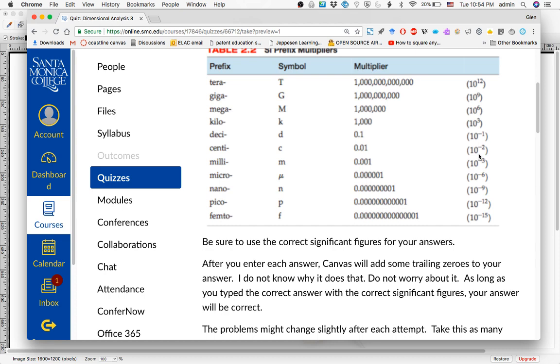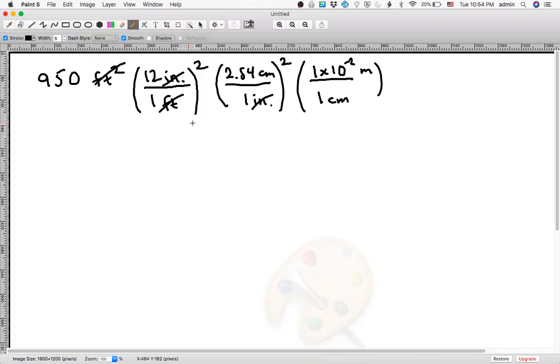The reason why I say 1 times 10 to the minus 2 instead of 10 to the minus 2 is because when I enter this on my calculator, it's just so much easier to type 1e minus 2, or 1exp minus 2, or 1ee minus 2. I think you get the point. So I'm done. Not. This is centimeters. This is centimeters squared. So this entire thing needs to be squared. Now I'm done.